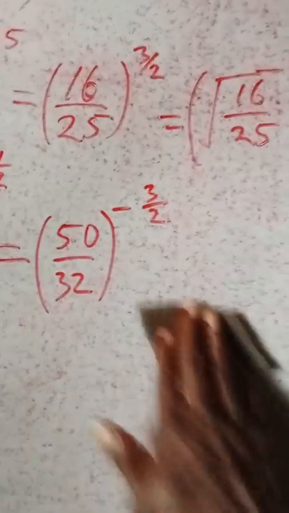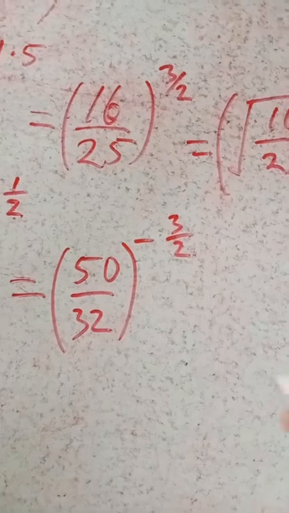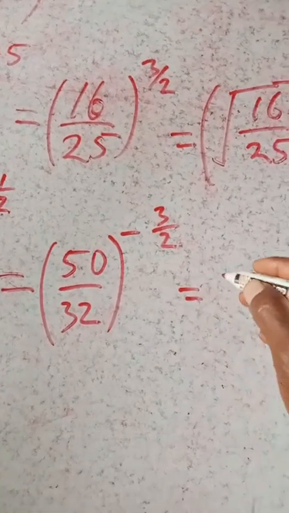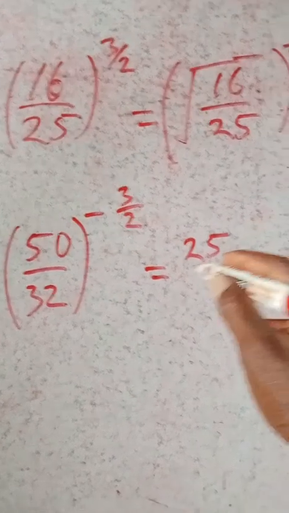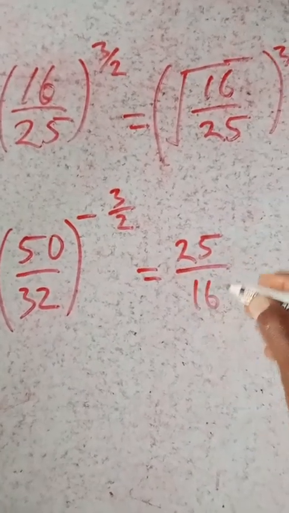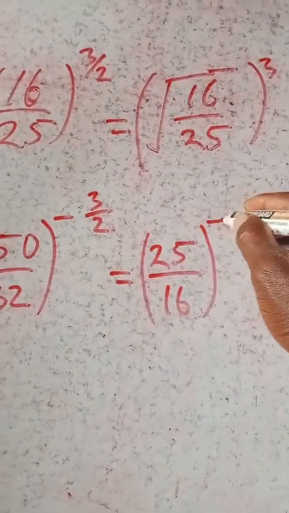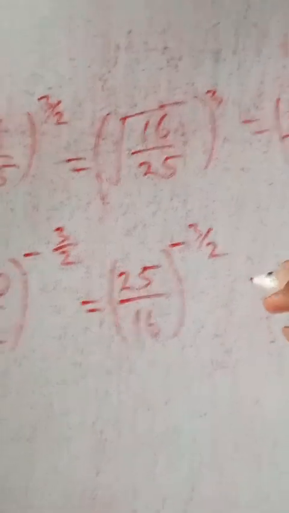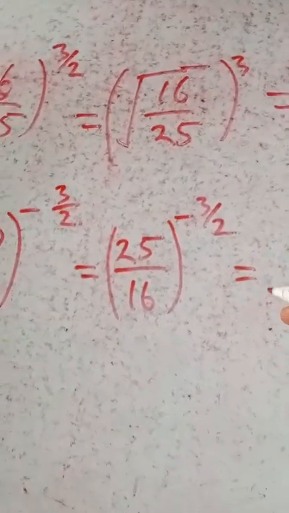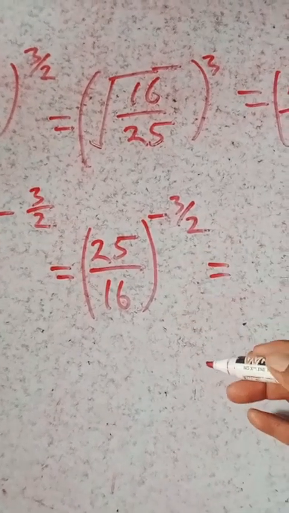So we are going to rewrite the question, and we will say this is 25 over 16, then raised to power minus 3 over 2, because you know that if 2 forms a root, square root, it will give you a corresponding number.